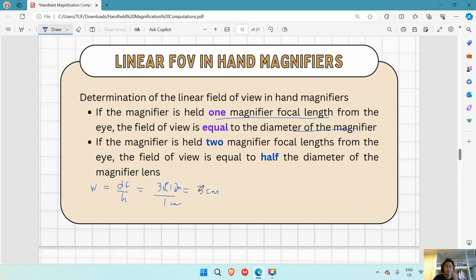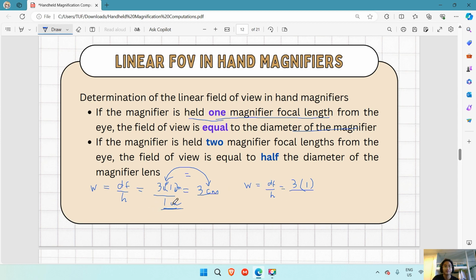So the width is equal to the diameter when the distance is held at 1 magnifier focal length. If it is 2 magnifier focal lengths, D is still 3, and the focal length remains unchanged, so it does not change.